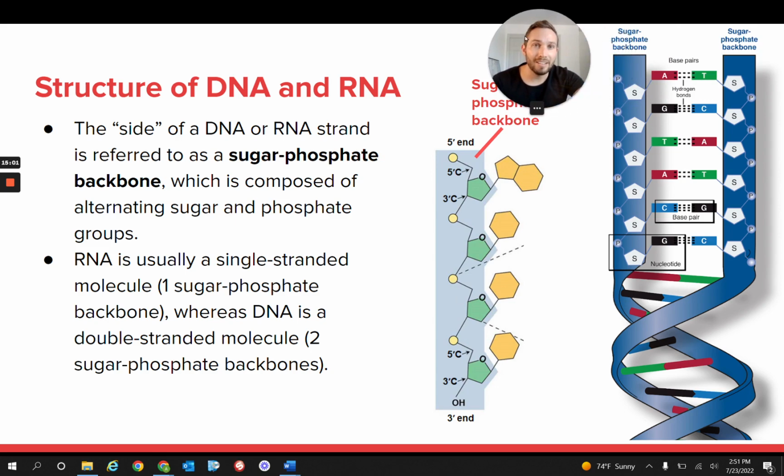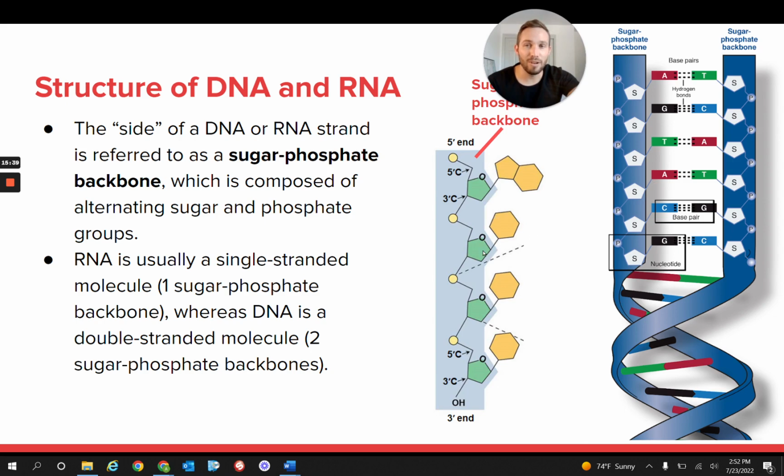Now, DNA, and this should sound super familiar, you should have learned this many times by now, is double-stranded, which means it's 2 complete strands of nucleotides, each with their own sugar phosphate backbone, and they're connected together via hydrogen bonding that occurs between the nitrogenous bases in the middle. So the nitrogenous bases like adenine and thymine or guanine and cytosine pair up in the middle of the two strands that make up DNA.